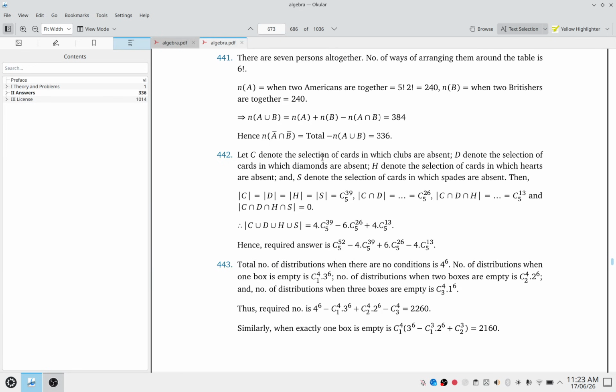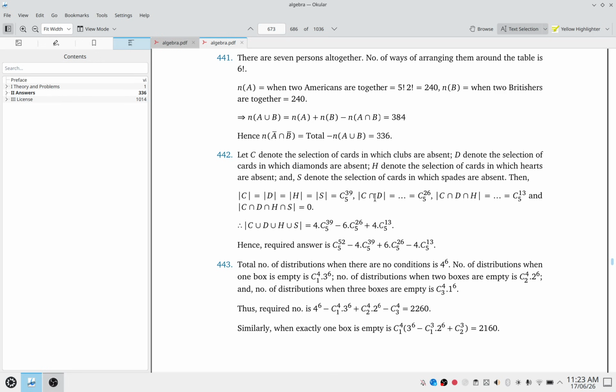Let C denote the selection of cards in which clubs are absent, D the selection in which diamonds are absent, H for hearts and S for spades. Then for each of C, D, H, S, the number of selections would be 39C5.